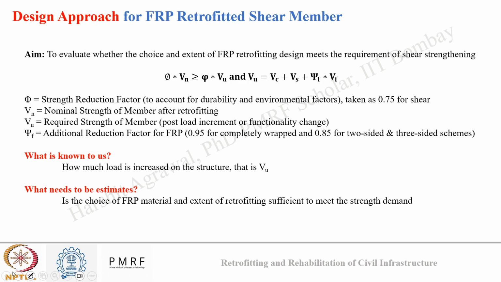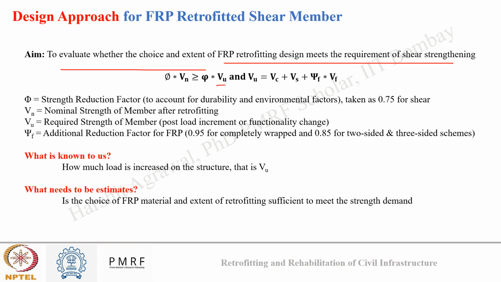The aim of shear strengthening is to evaluate whether the choice in the extent of FRP meets the required shear strengthening demand. There is a basic rule of strengthening shown in this equation: the strength after retrofitting should be more than the required strength.